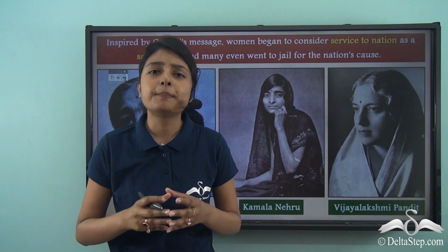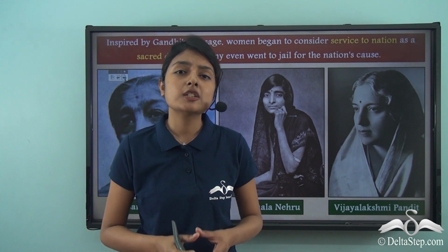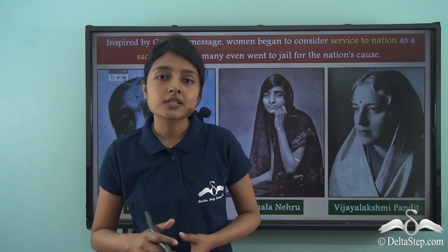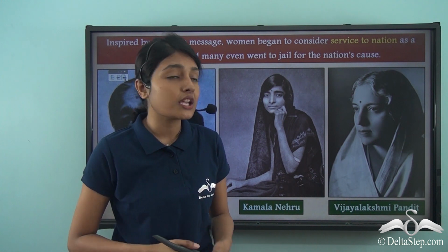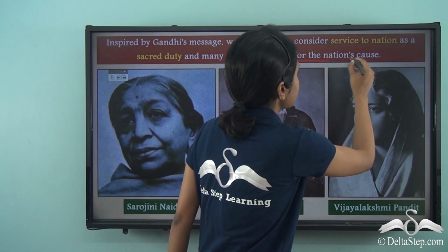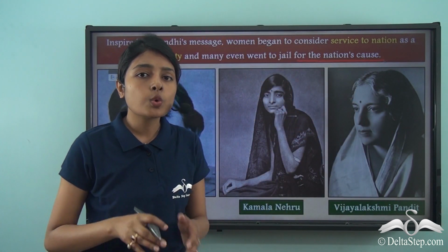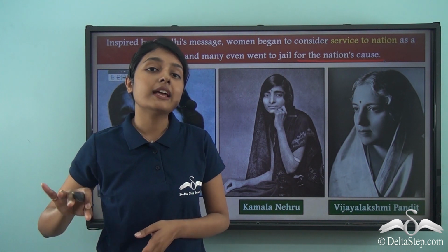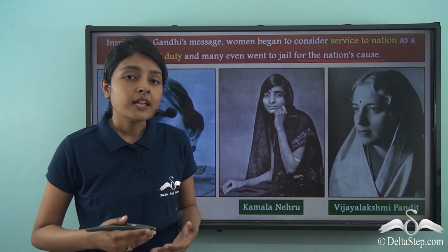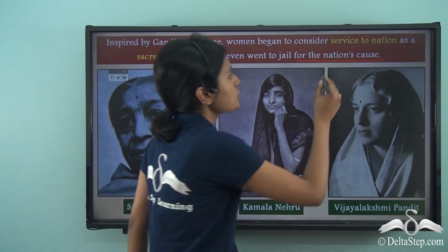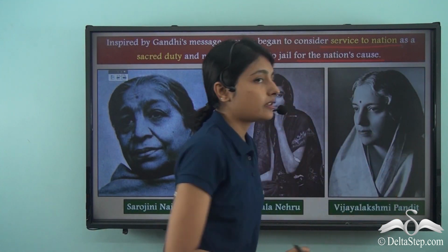In fact, very brave women leaders were now considering it their responsibility to fight for their nation's cause. In fact, they did not even flinch to go to jail for their nation's cause. So they were no longer restricted or relegated to the domestic sphere. They came out on the streets and served their nation.